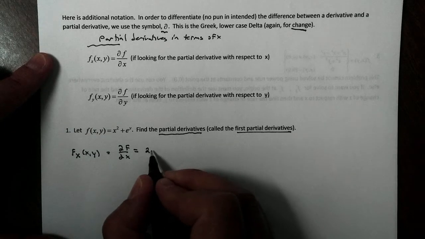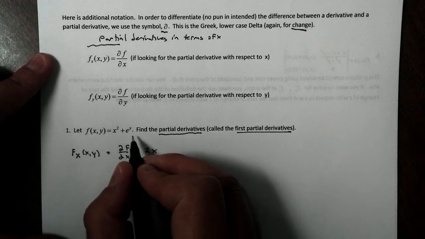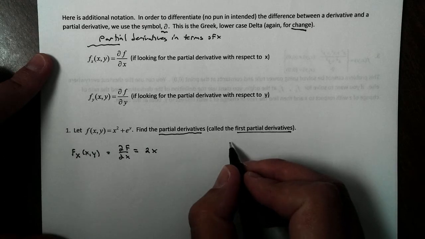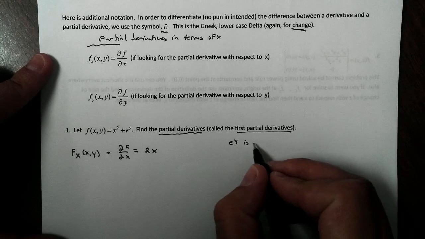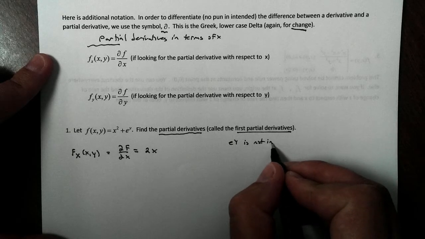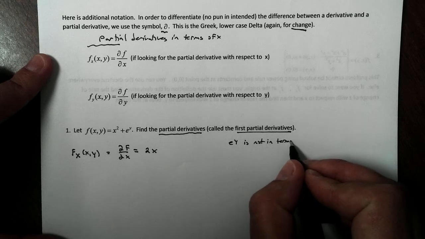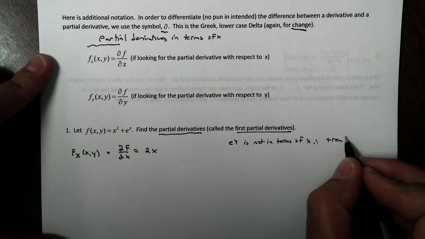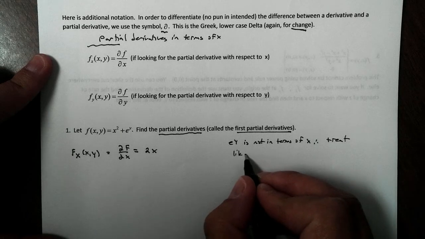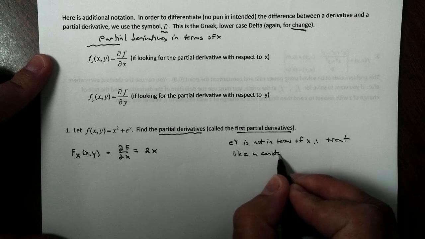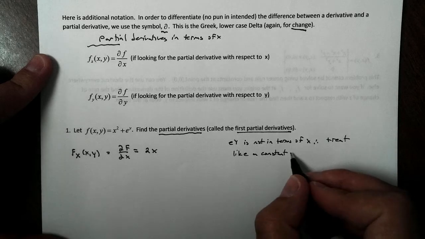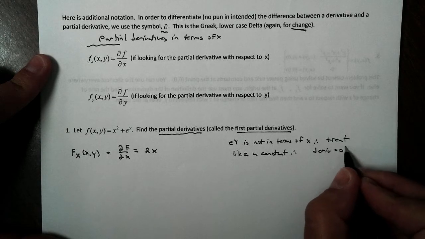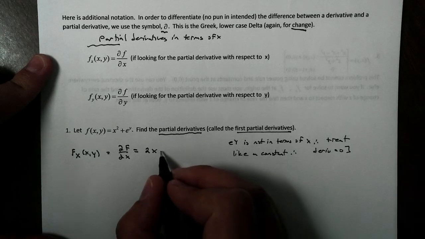Of course, that's 2x. What about the e to the y? Well, that e to the y is not in terms of x, therefore we treat it like a constant. And what's the derivative of any constant? 0. So we can go 2x plus 0.